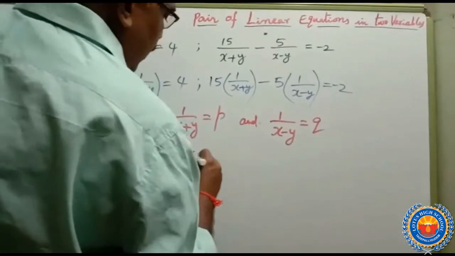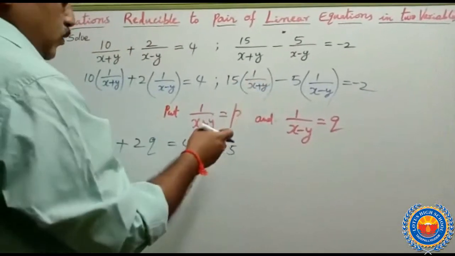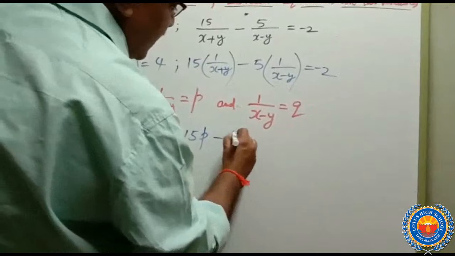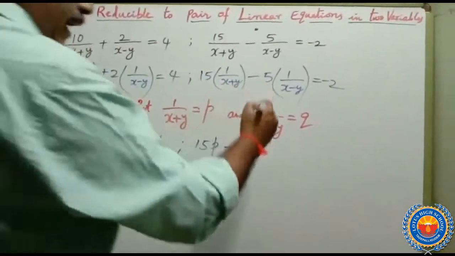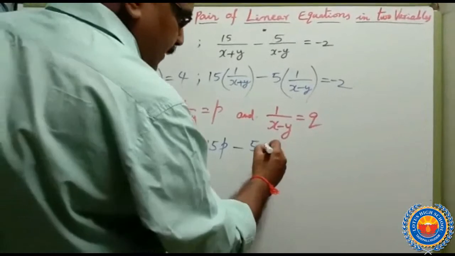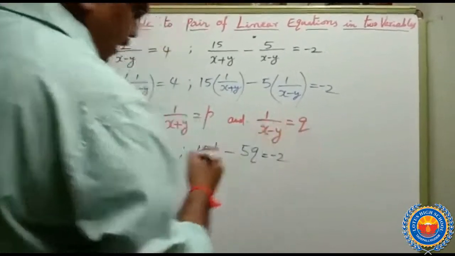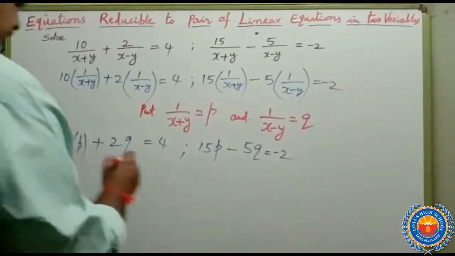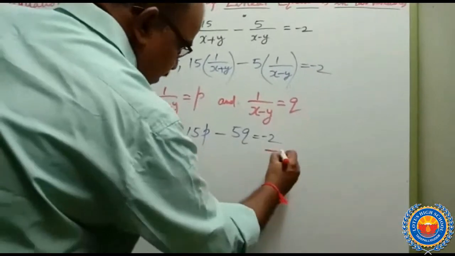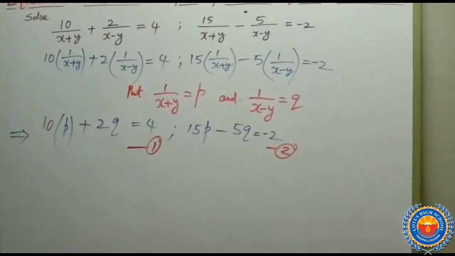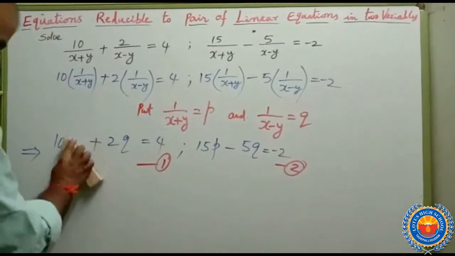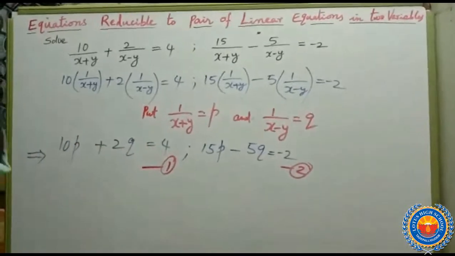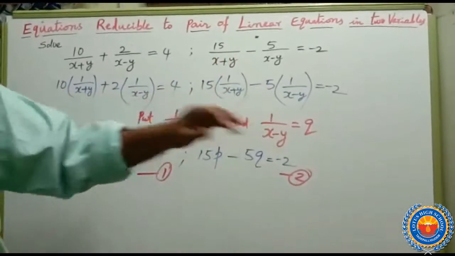Coming to here, 15 into 1 by x plus y, 1 by x plus y is nothing but p, minus 5 into 1 by x minus y is nothing but q is equal to minus 2. Now this is equation 1 and this is equation 2. This is nothing but 10p plus 2q is equal to 4, 15p minus 5q is equal to minus 2.